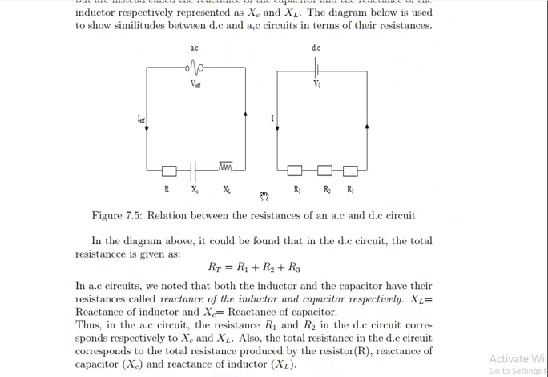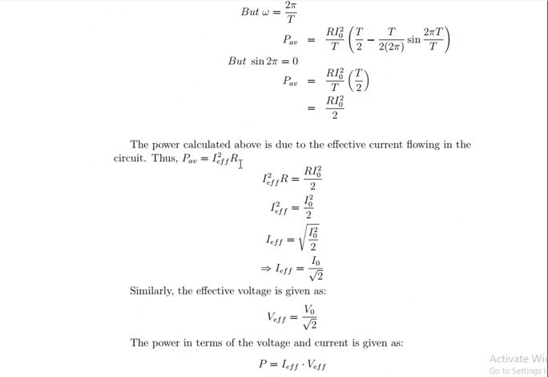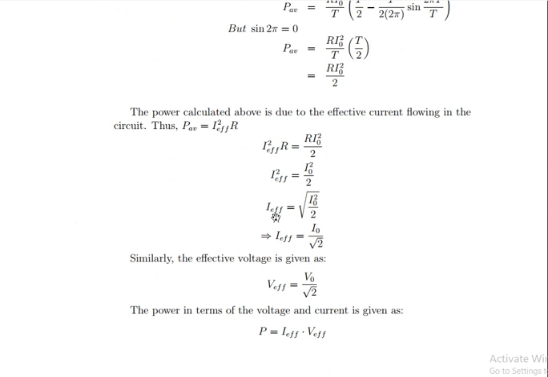Now in the above section, we have visualized the magnitude of the current. We said that alternating current is one which changes both in magnitude and direction with respect to time, and alternating voltage is one which changes both in magnitude and direction with respect to time.